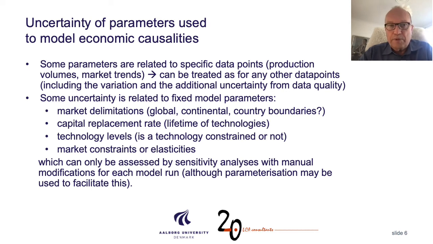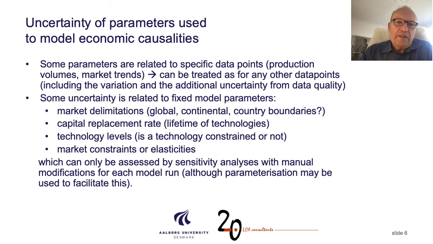Is the market global, continental, or does it respect country boundaries? Things like capital replacement rate, the lifetime of technologies, the technology levels, whether it's a constraint technology or not, or whether there is a market constraint or not, or what kind of elasticity you might need to include.